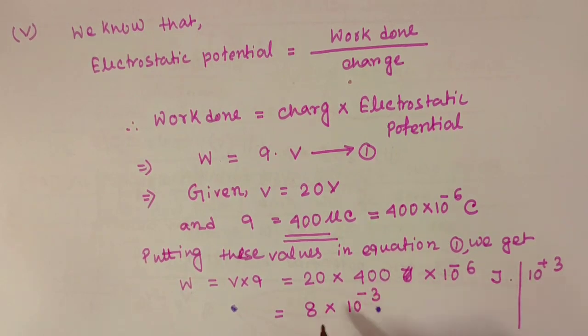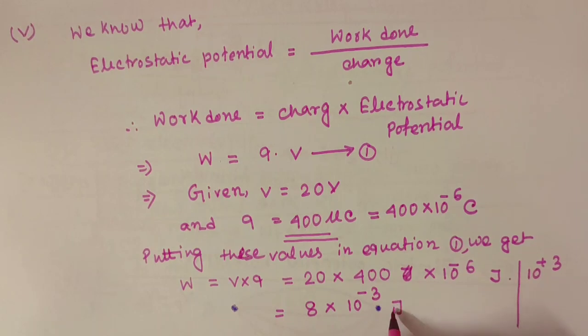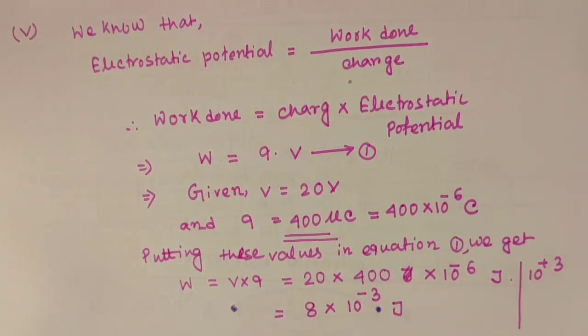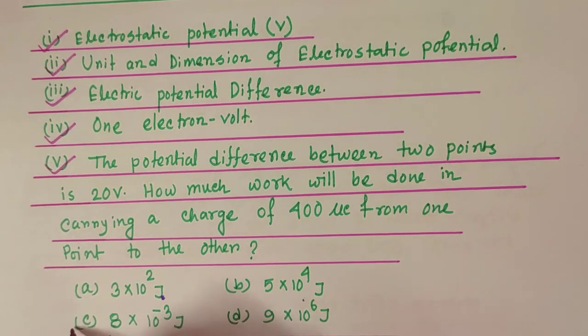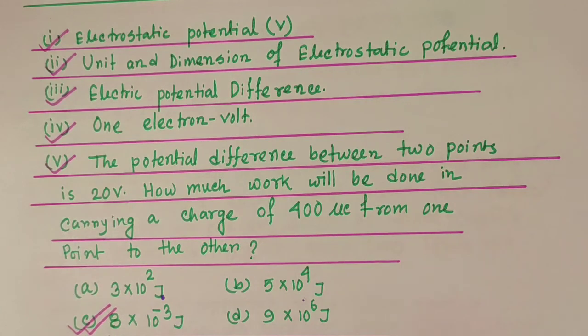If we calculate this, we will get 8 into 10 to the power minus 3 joule. Okay, so this is the amount of work. How much work will be done in carrying a charge of 400 microcoulomb from one point to another? This amount of work, 8 into 10 to the power minus 3 joule. So the correct answer is option C.